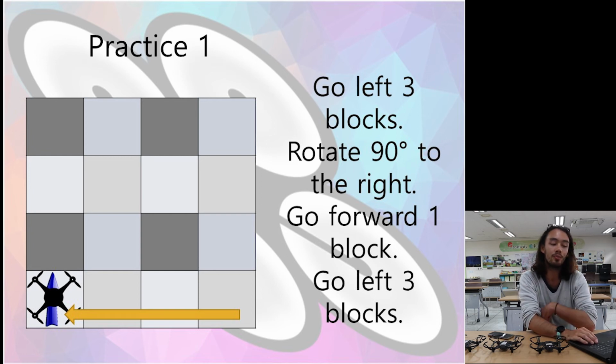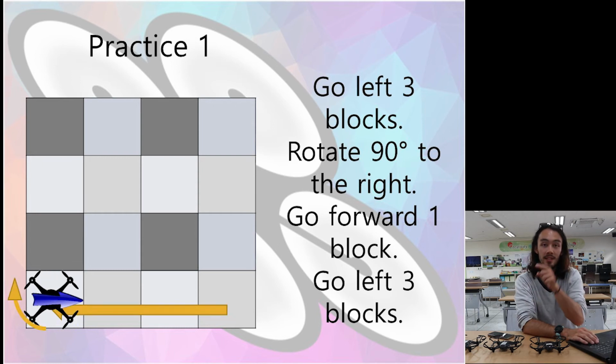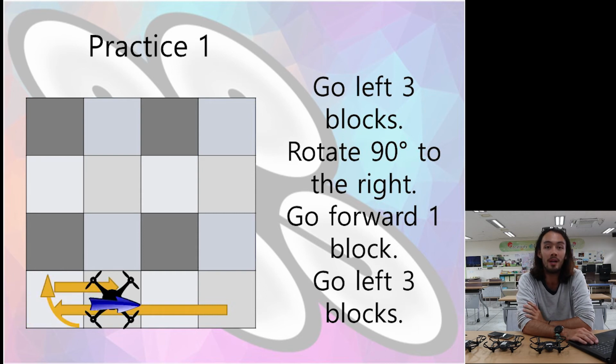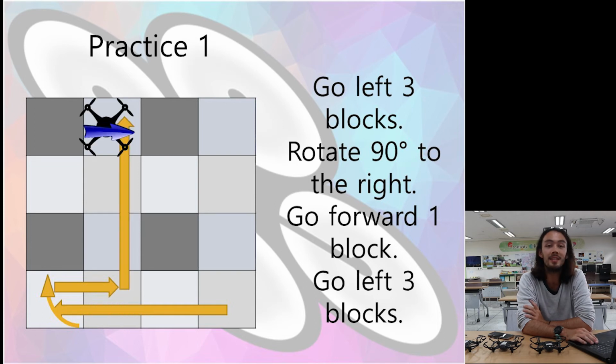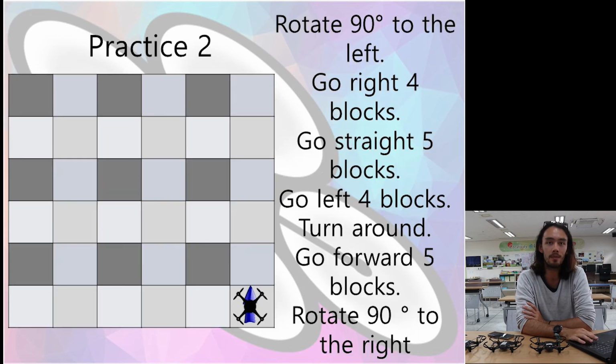Then we're going to rotate 90 degrees to the right. So you can see the curved arrow. Go forward 1 block, then go left 3 blocks. So you can see where we finish. I hope you got that. If not, you can go back and try it again, read the instructions and see where you got confused.